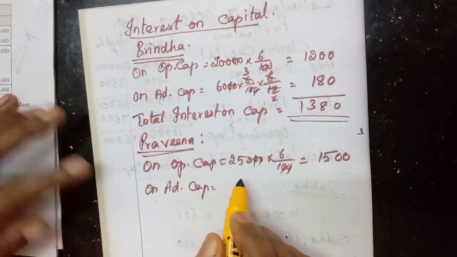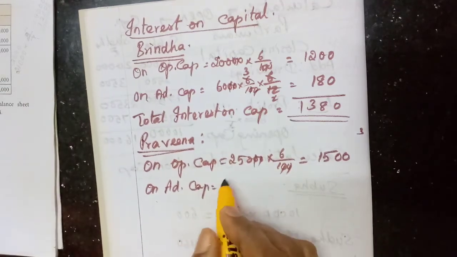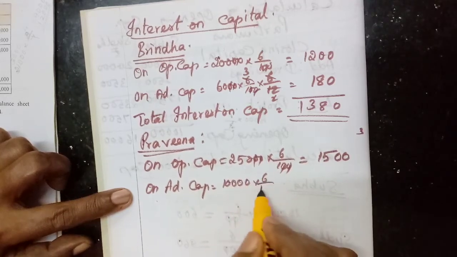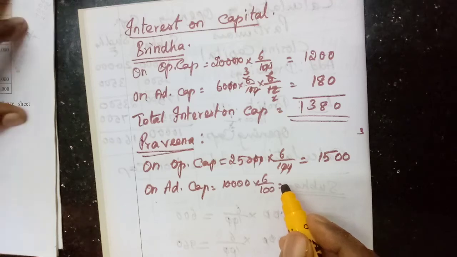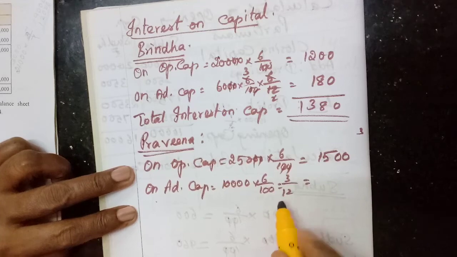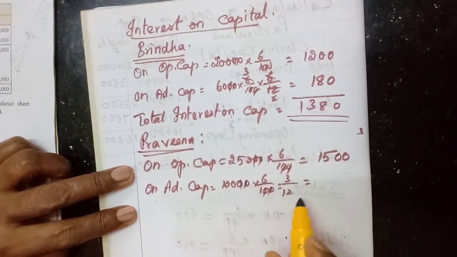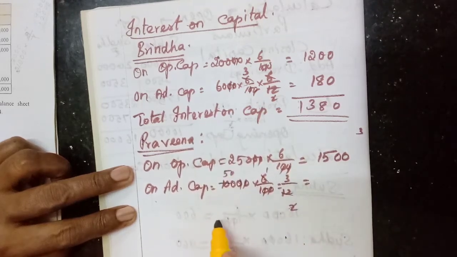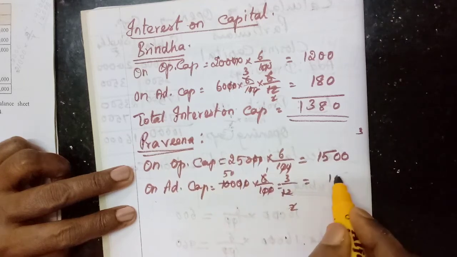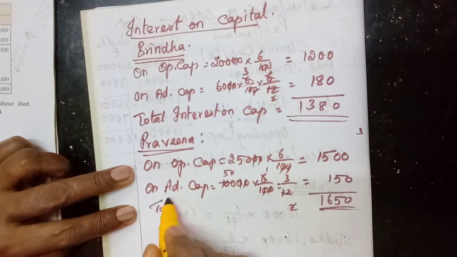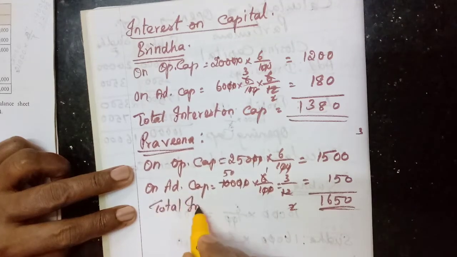How much is the additional capital? Pravina introduced 10,000 into 6 by 100. Now we already calculated the 1st October. So 3 by 12. So 2 0. Then 6 1 2. Then here 2. Here 50. So 50 into 3, 150. So 1,650 is the total interest on capital of Pravina.